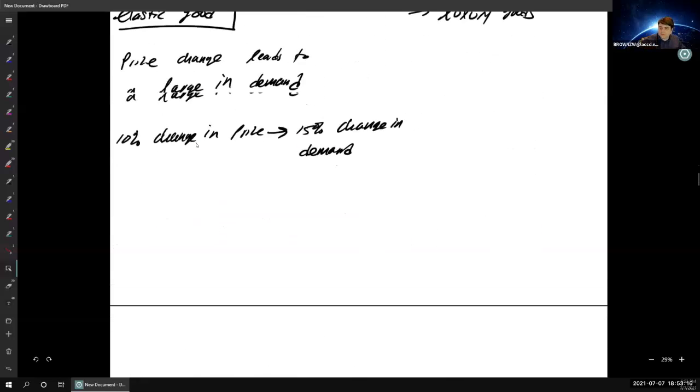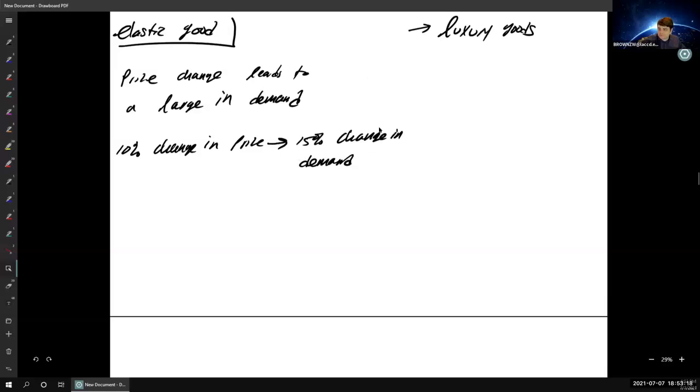So we're looking for the percentage change in price compared to the percentage change in demand. So really what we're looking at is the relative price derivative compared to the relative demand derivative.